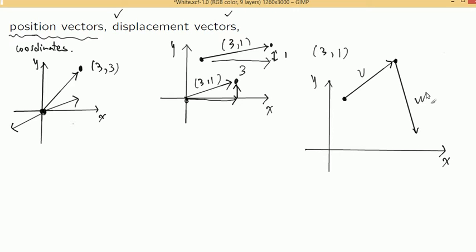That's a vector w. That records how much you go to the right and how much you go below, so it's going to have a negative y component. And what is the total displacement? It's going to be this one in here, right? And that's going to be the definition of v plus w if they are displacement vectors. Is that okay? All right. Yes?